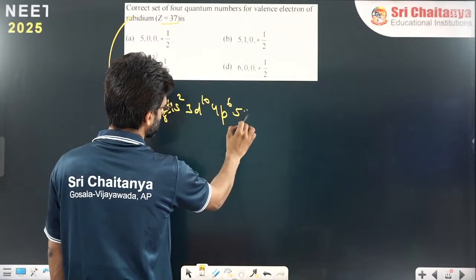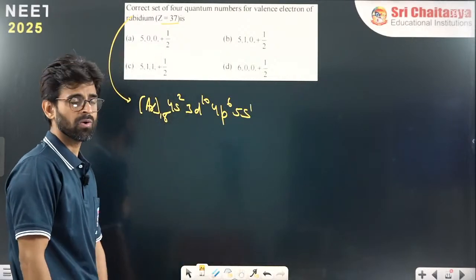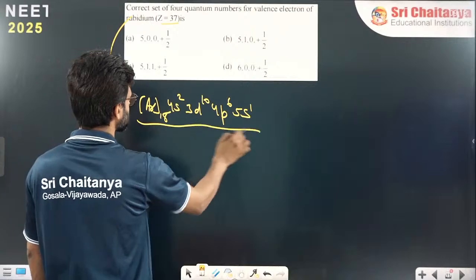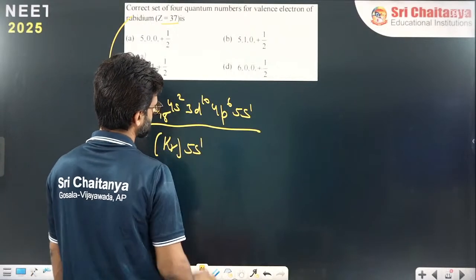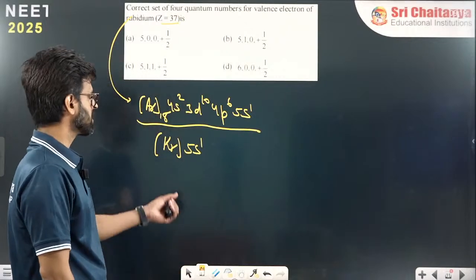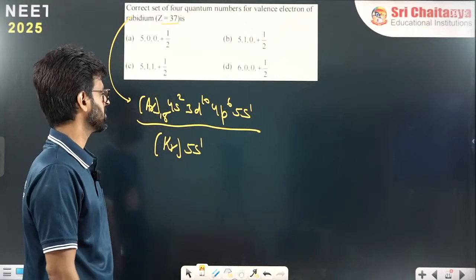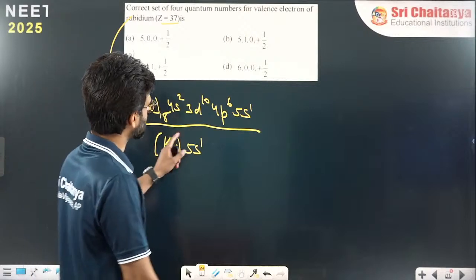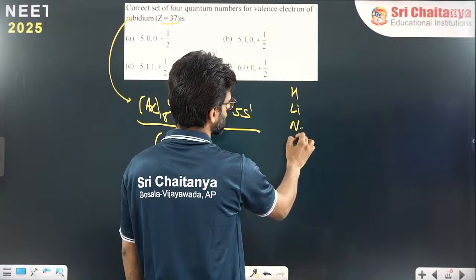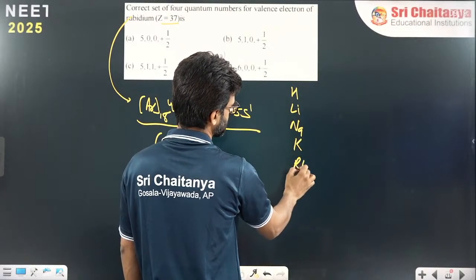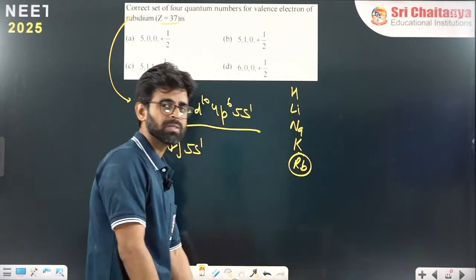But the remaining is 5s1, right? Or I can directly say it is krypton 5s1. If you see which element it actually is: hydrogen, lithium, sodium, potassium, rubidium, right?